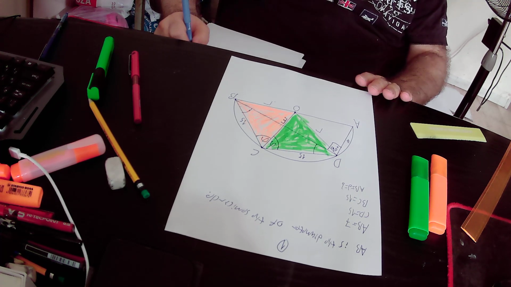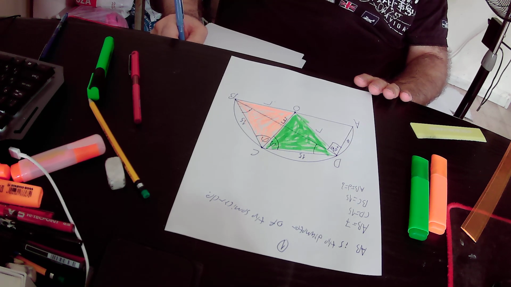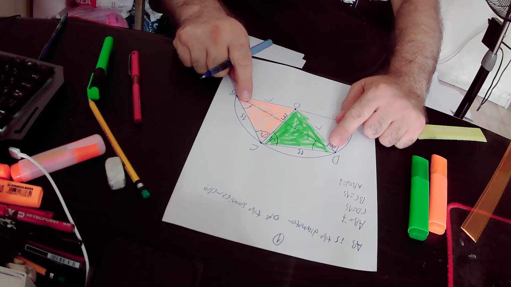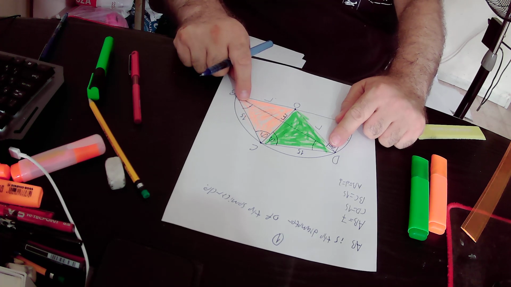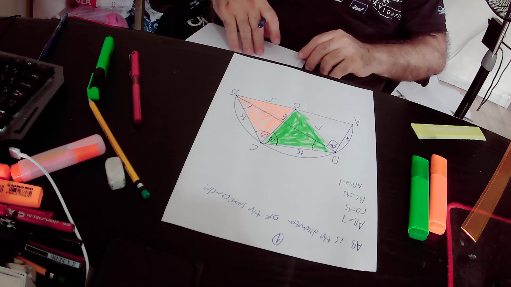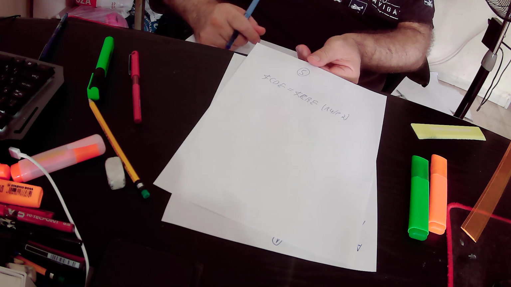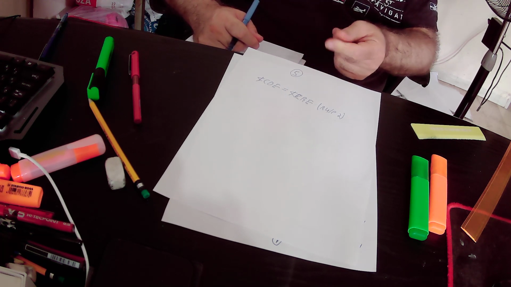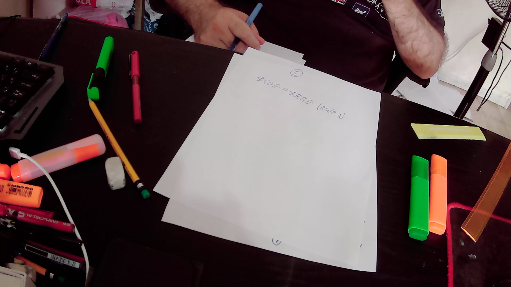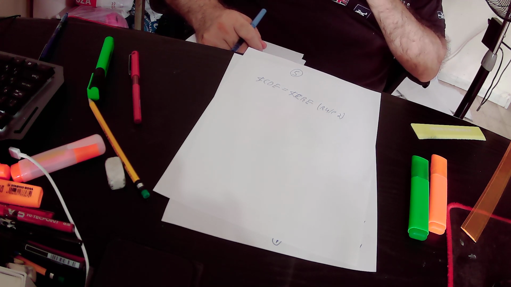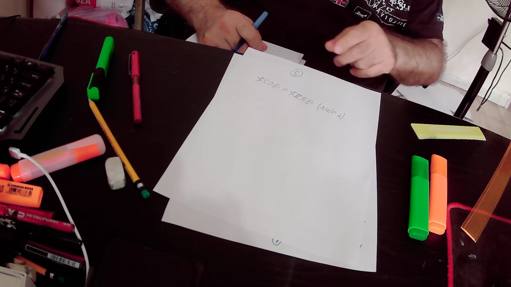According to rule number 2, those two angles that are located in front of equal sides are also equal to each other. That is to say, angle CDE of the green triangle is equal to angle CBE of the orange triangle.